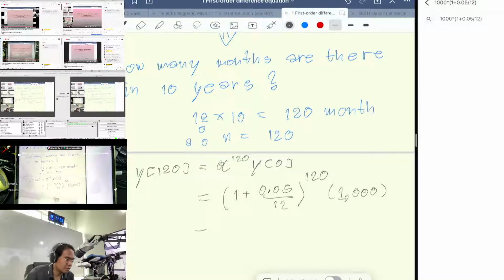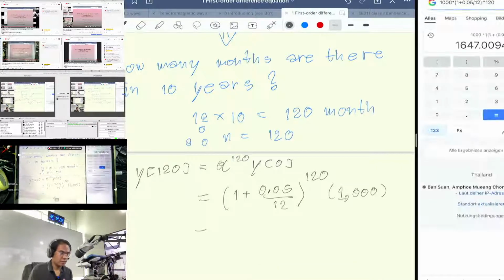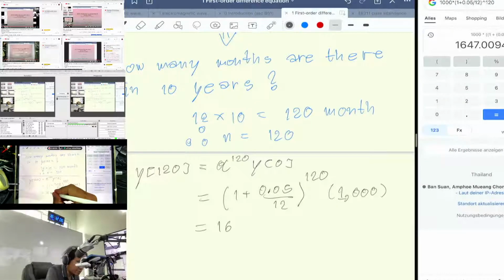So this one, times with the power of 120, we're gonna get approximately 1,647. It's approximation, right? Because you cannot express everything.